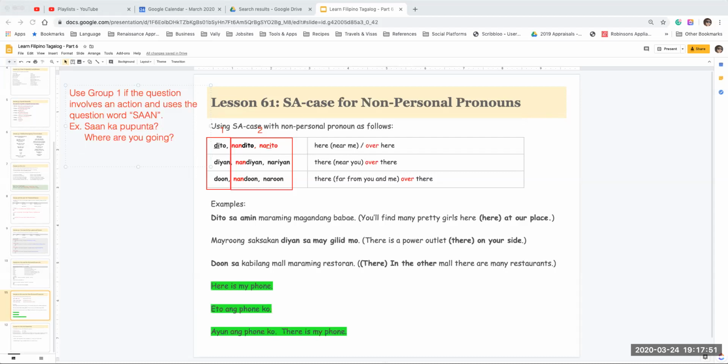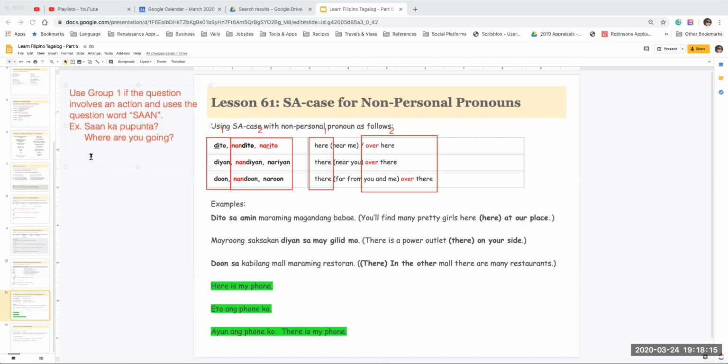If you say dito, here, by the way, this dito, diyan, doon is also the translation of one. And the second group here in English is the number 2, which translates that way because we added over. Now, to answer this question, "saan ka pupunta?